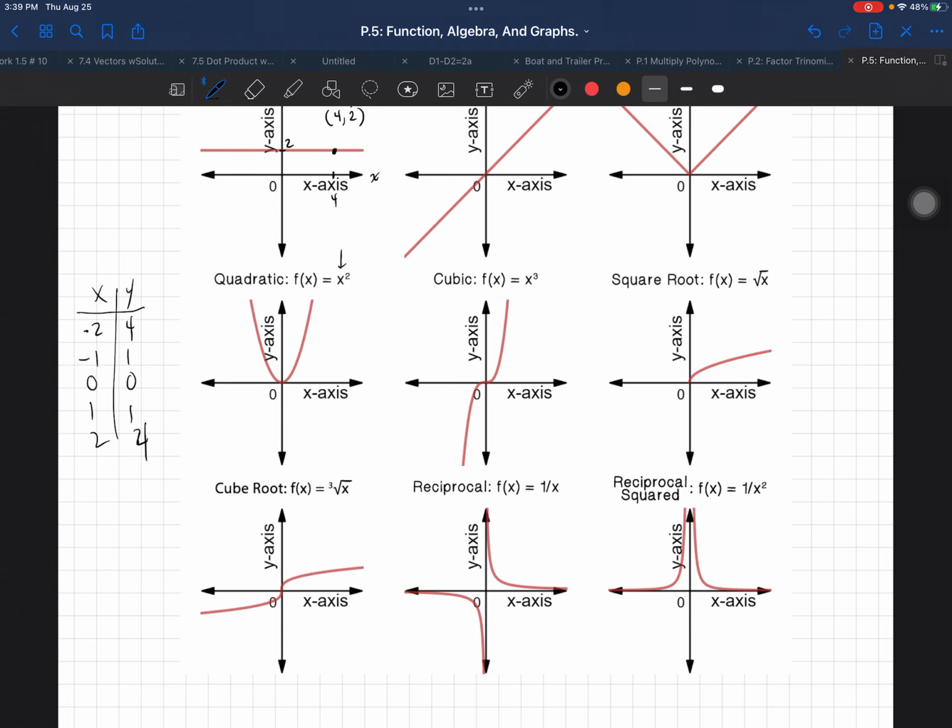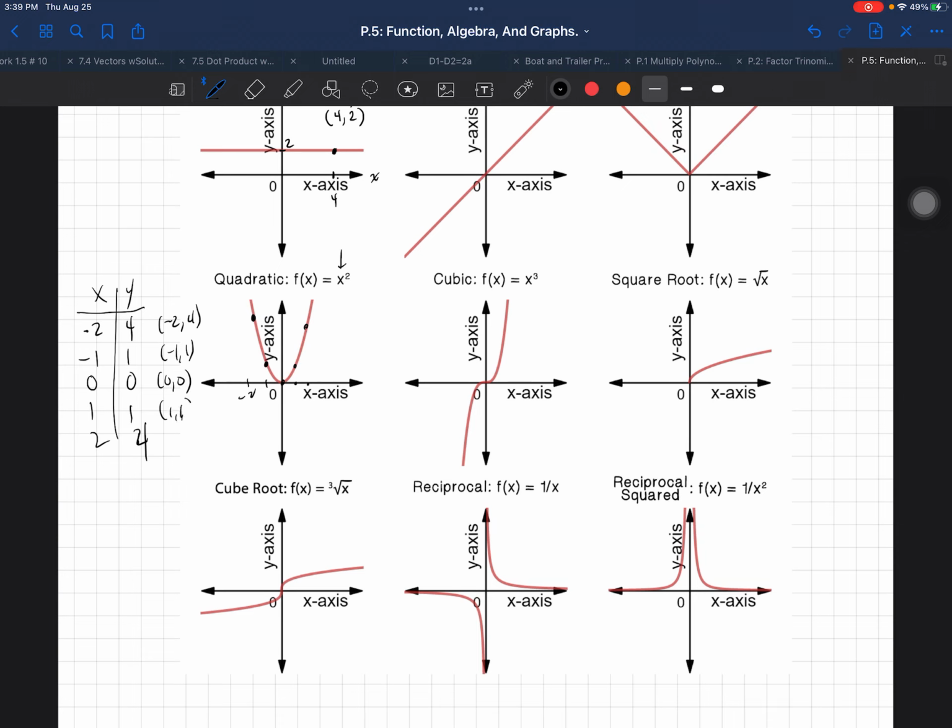Of course, I'm not going through every single one, but we will see that every point that we have, (2, 4), (1, 1), (0, 0), (-1, 1), and (-2, 4), these become ordered pairs of the function.